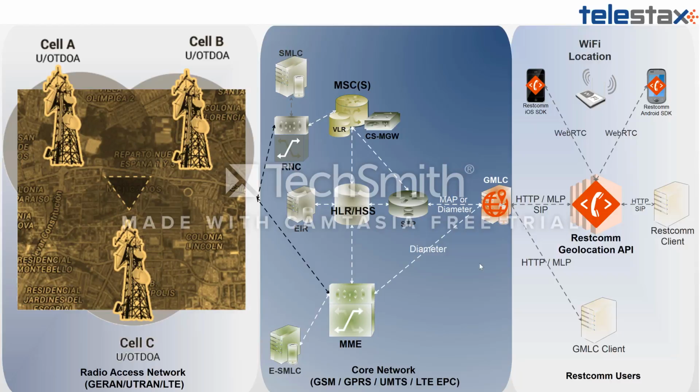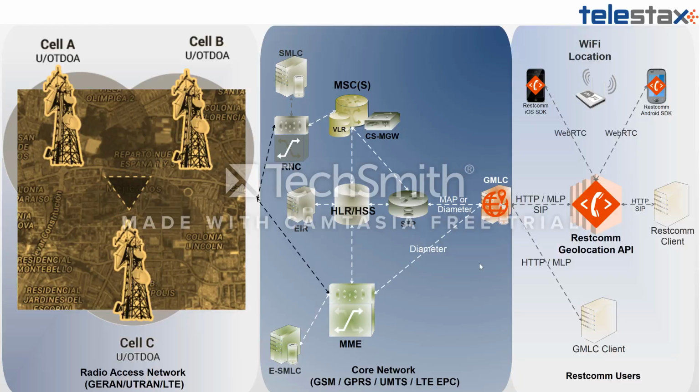But for this example, we will only use the connection between the GMLC and the core network to query the HLR for the global cell identification of a particular MSISDN, but triggered from Restcomm Geolocation API.